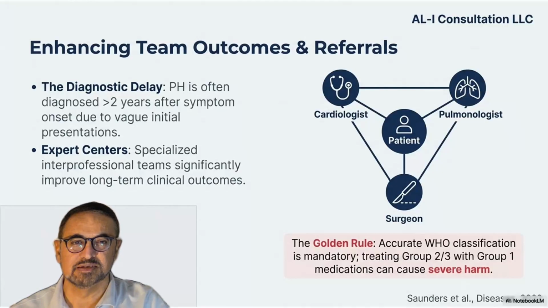The golden rule is that accurate WHO classification comes first. Treating a group 2 or group 3 patient as if they have group 1 PAH can do harm. The safest and most effective approach is disciplined phenotyping, thoughtful referral, and constant attention to right ventricular physiology.